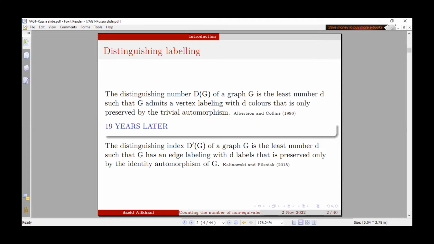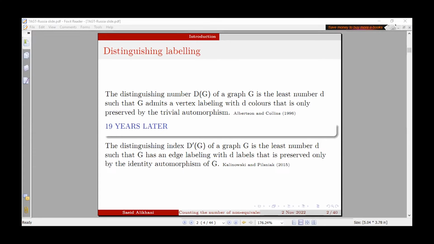Okay, I want to show a very simple example here. For example, if we have a path of order n, I want to color the vertices of this path such that it is preserved only by the identity automorphism of the path.